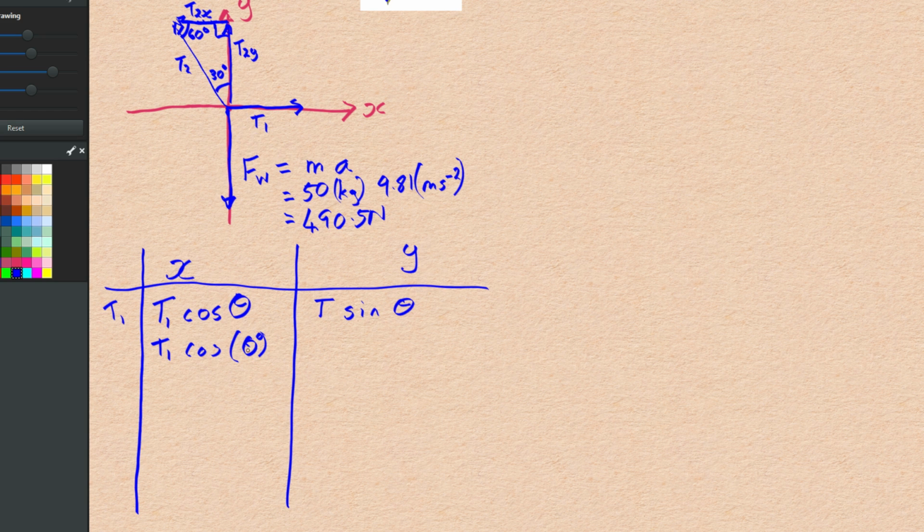Instead of writing 0 there, you could say it's 360 degrees. But you will get the same answer using 0 or 360 in there.